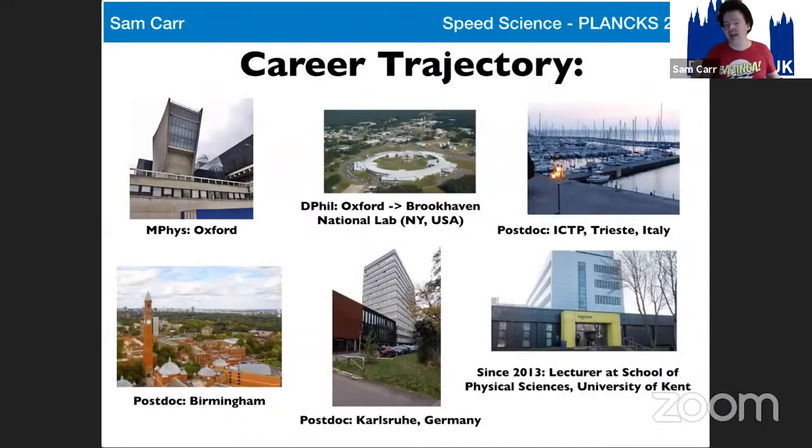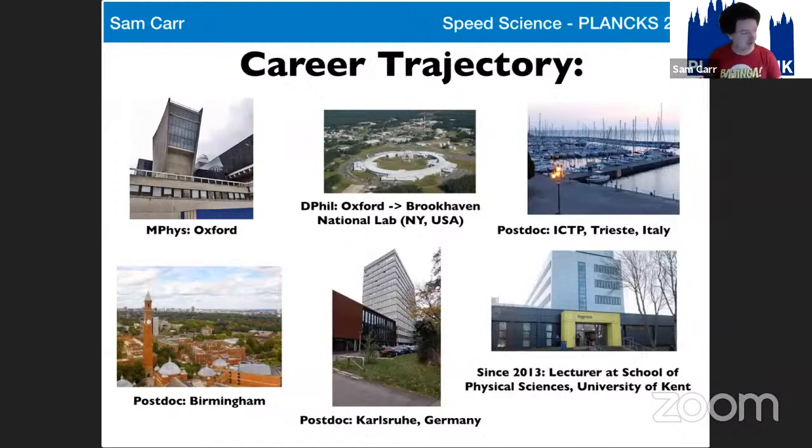But like everybody else, I just wanted to emphasize that academics were students once too, and so how did we get to this stage? So at least in my case, my undergrad was in Oxford. I then stayed in Oxford for a DPhil, not because I wanted to go off and explore elsewhere, but actually I got a really good offer from a supervisor there.